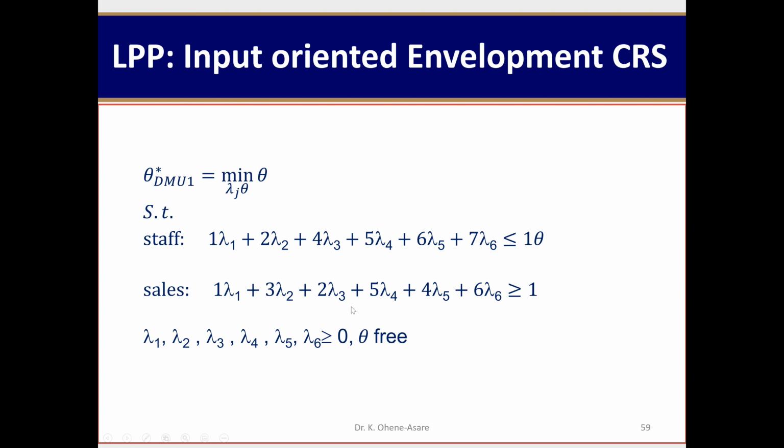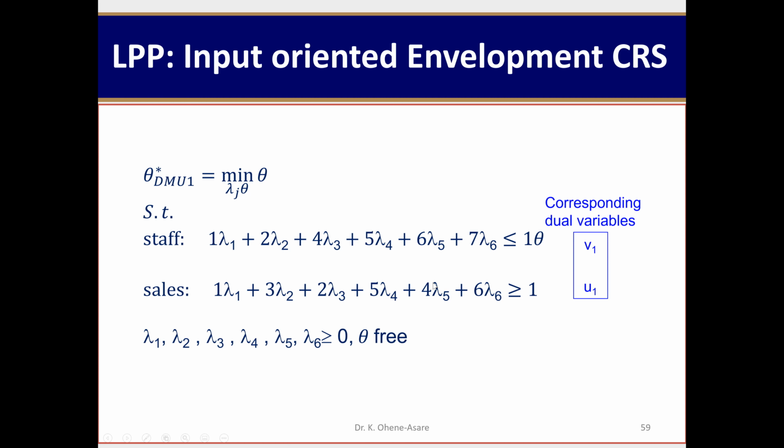The theta being free allows the theta to take any particular value. It is used to determine the returns to scale at the firm level. I'll talk about this when we get to the VRS model. So you can see that the V1 and the U1 that we had, they are the input and output weights, and they are now being represented by this formulation, the first and the second formulation, the staff formulation, the sales formulation.